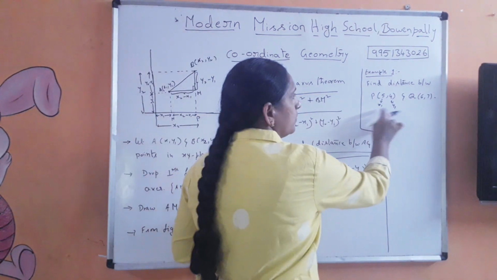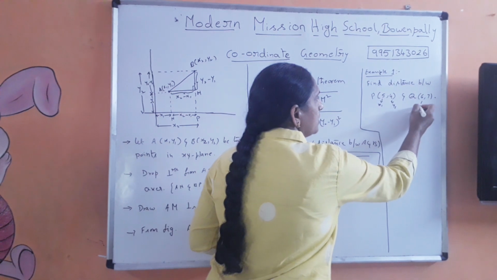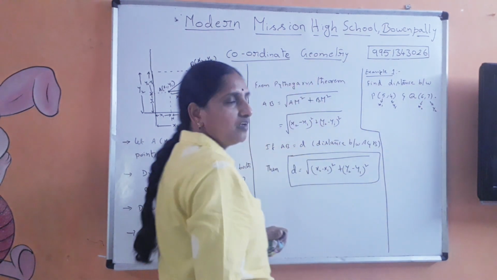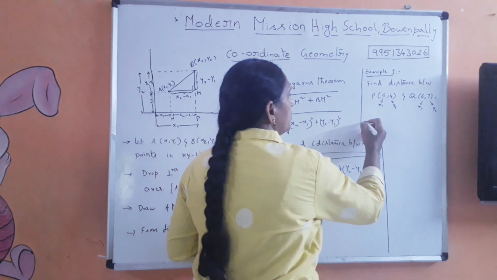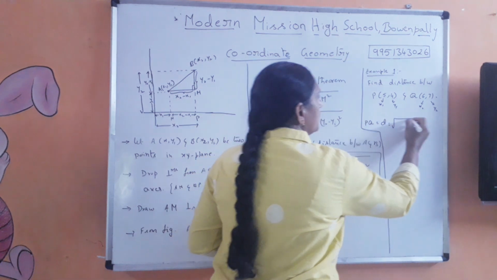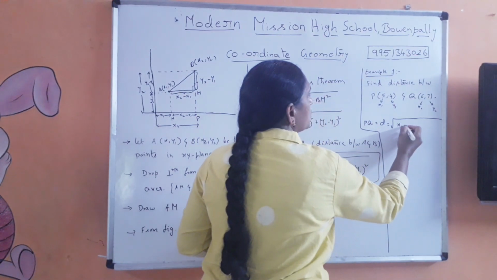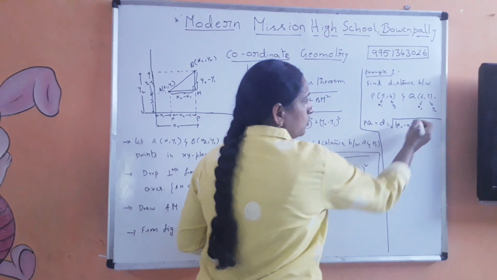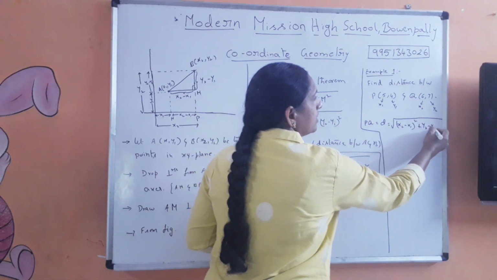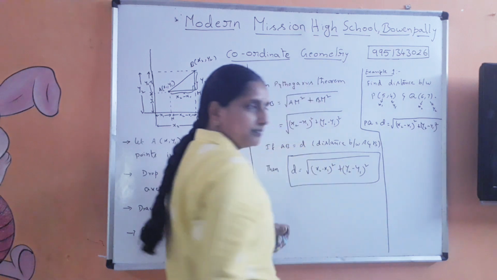So here this is x1, this is y1, this is x2 and this is y2. Now substituting in the formula, D is equal to the square root of (x2 minus x1) whole square plus (y2 minus y1) whole square.